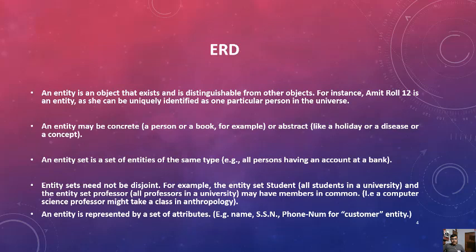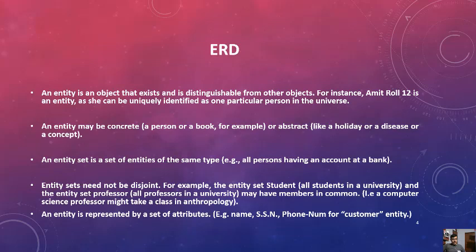So Amit, roll 12, is a single person. You can uniquely identify this Amit from any other Amits in your class. So Amit is an entity here. An entity may be a person, a book, or something abstract like a holiday, a disease, or a concept. So this may be an entity.